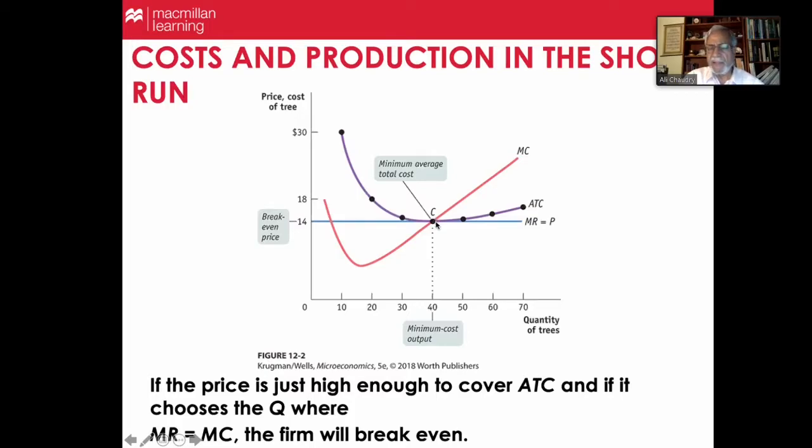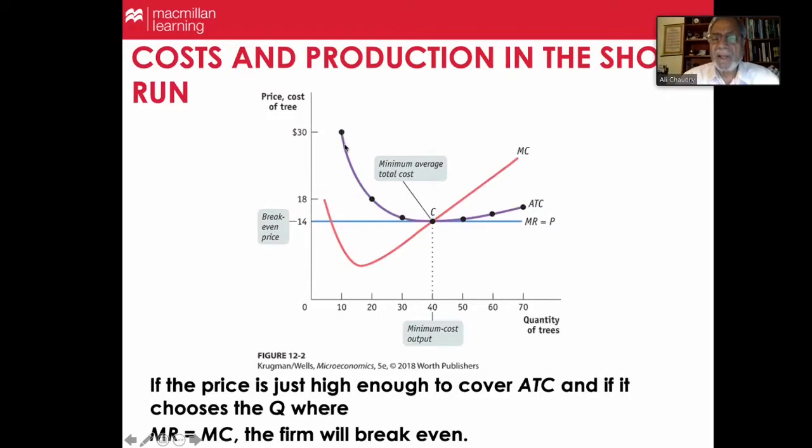Okay? And this is something we're going to spend a few more moments on. Understand that the behavior of the average total cost is such that it begins to fall in the beginning as you increase the level of output. And it is still above the marginal cost, as you can see. The purple curve, being the average total cost, is above the marginal cost. Okay? We recognize two things.